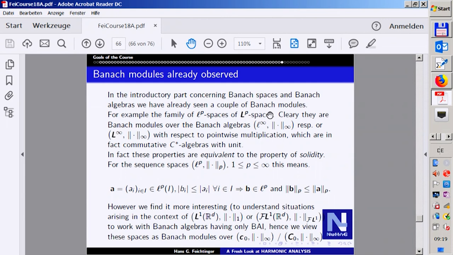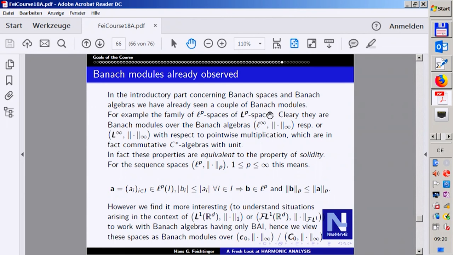I call spaces which in my viewpoint have an L infinity structure solid spaces. Solid spaces, by definition, look slightly different. You're saying, I know the absolute value of a function in LP, and somebody is making some new function which is smaller coordinate-wise.